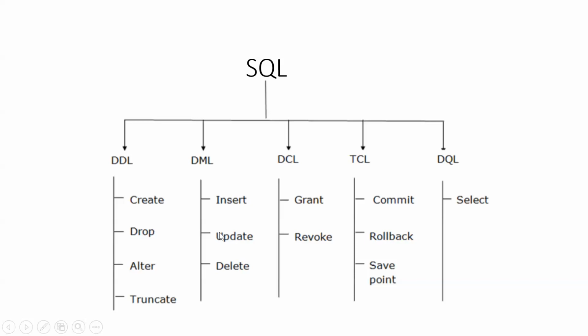Suppose some records were mistakenly pushed in the insert statement and some field of that particular row needs to be updated, then we can quickly use the update statement. Delete means deleting existing records. So anything related to data, any kind of data updating, data insertion, data deletion, we need to follow DML languages.